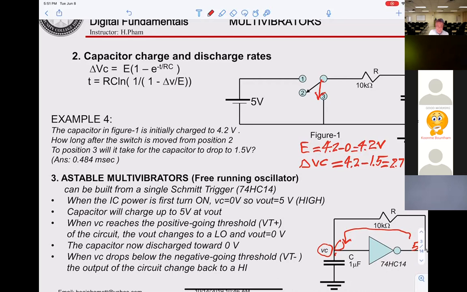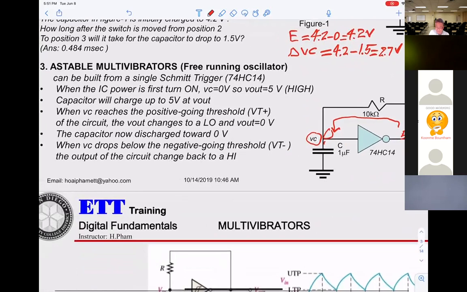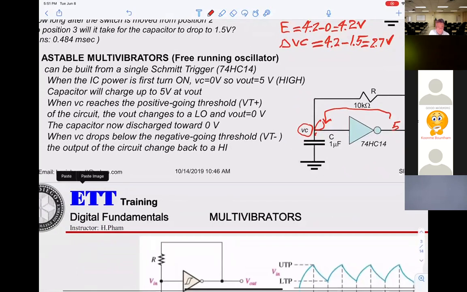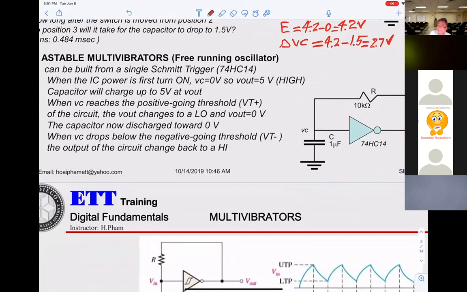Okay, and now another type, free running oscillator. First thing is they're using the IC 74HC14. HC means high speed CMOS.